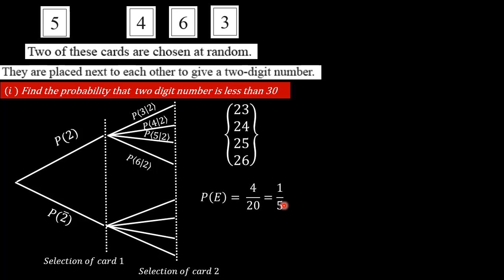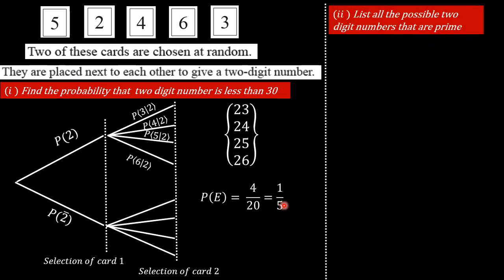Let us consider another example in which, students, we have to find the possible 2-digit numbers that are prime. Prime numbers are the numbers that have 2 factors only, 1 and the number itself.